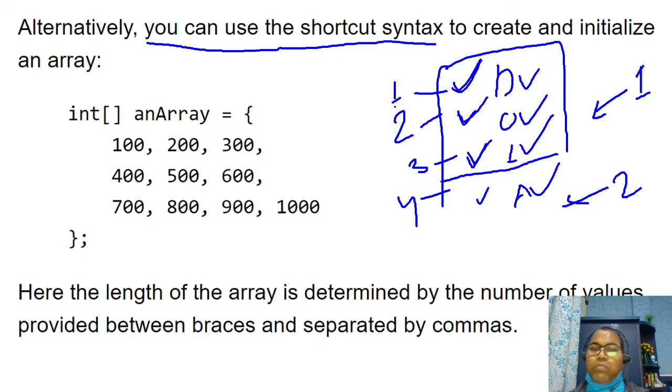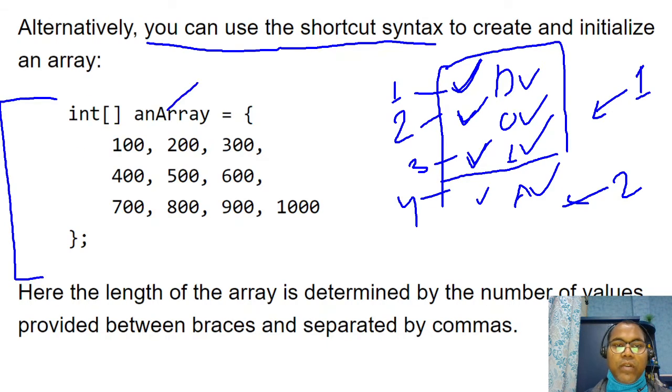The lengthy steps can be used in shortcut. So how is the shortcut done? Just specify your array variable name and data type, indicate it is an array type, and open a curly brace. In the curly brace you initialize the list of elements which you want to hold.